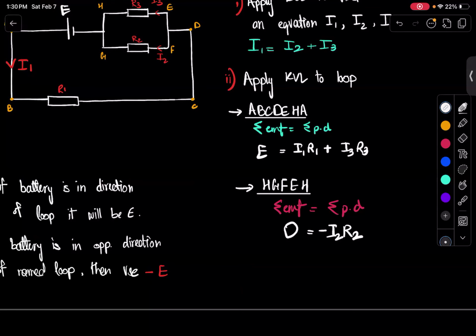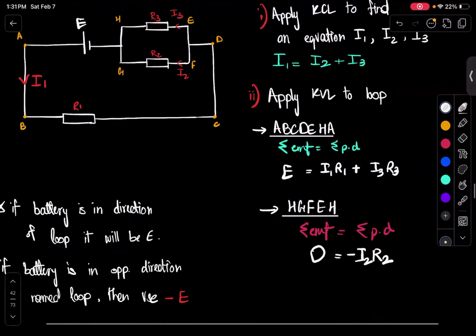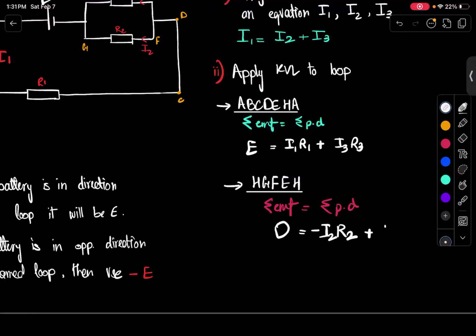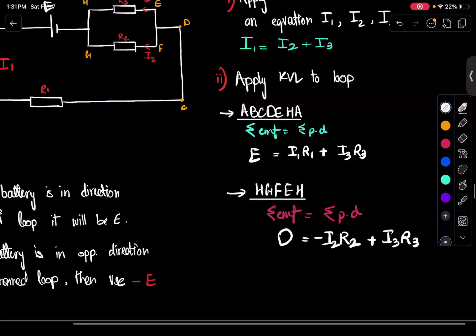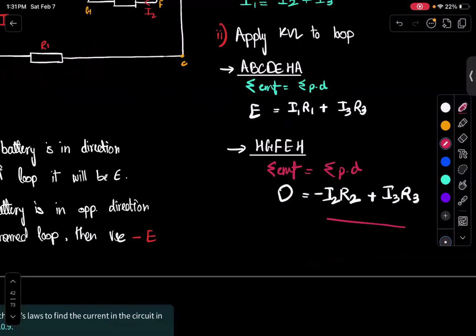Then going forward with the loop, G, F, E, H. Because from E to H there is a drop of I3 R3, I can very easily say it would be positive because it's in the same direction as the loop. So plus I3 R3. Okay, sounds good. And that's it.